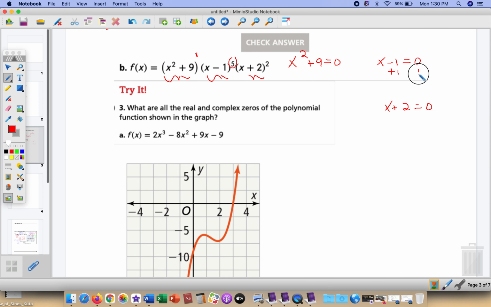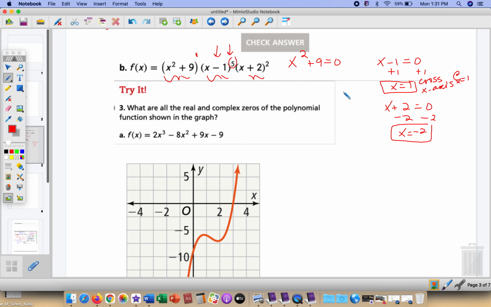So if we add 1, we get x is 1. Now at 1, right in here, since the power is odd, we're going to cross the x-axis at x is 1, right? If we solve x plus 2 equals 0, we get x equals -2.